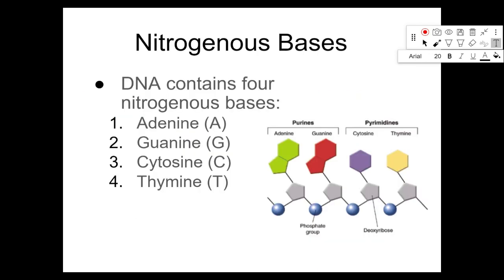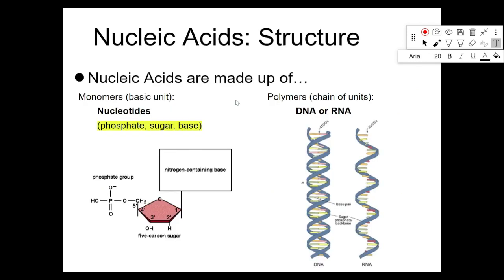And so the nitrogenous bases, y'all, if you've ever heard of A's, T's, C's, and G's when you're talking about DNA, this is where they come from. Adenine, guanine, cytosine, and thymine, right? And whenever DNA is laid out like this, you see right here, A, T, C, G, that is adenine, thymine, cytosine, guanine. So that's what they're talking about.